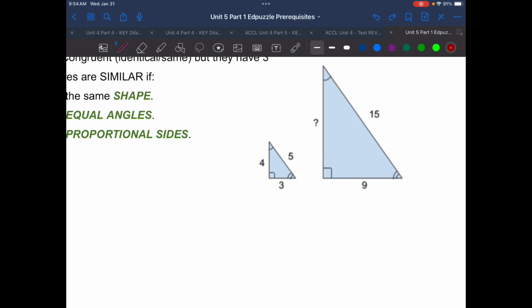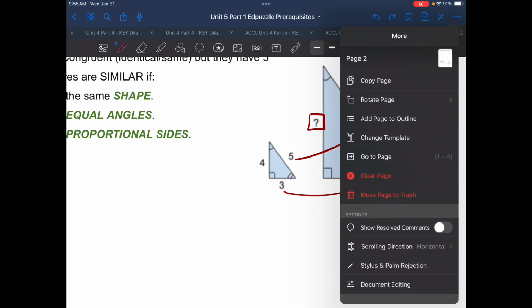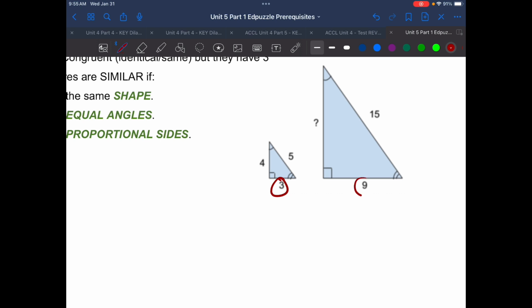So here's what we're going to do. We are going to say, all right, 3 and 9 are in the same proportion as 5 is to 15. So we want to find the missing side length. You're going to choose either 3 to 9 or 5 to 15. Doesn't matter. I'm going to use 3 to 9. Now I want you to listen to how I say this. 3 is to 9 as 4 is to we don't know.